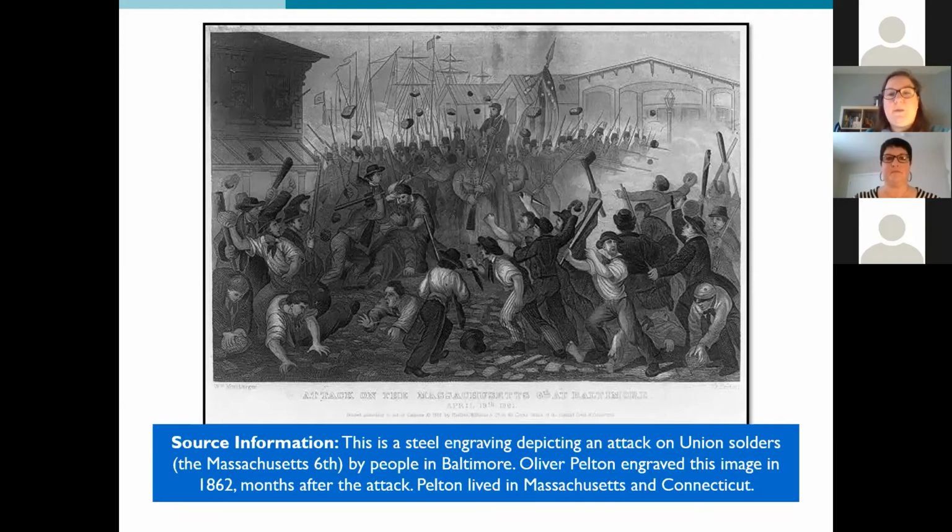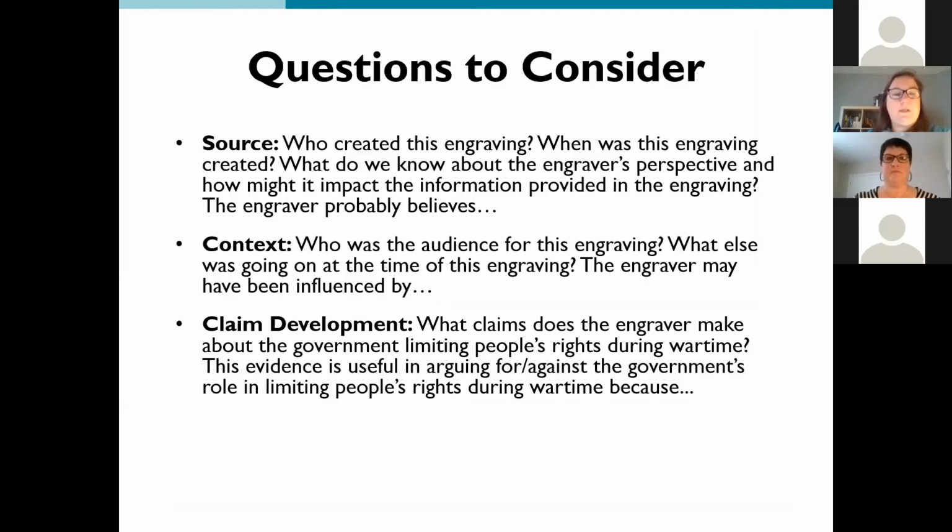As students are examining this source, there are several questions on the page to help them examine and think more deeply about the source. Here are those questions. We've scaffolded them so that there are more basic questions toward the beginning, but eventually it leads to claim development that links back to the essential question about the government limiting people's rights during wartime.